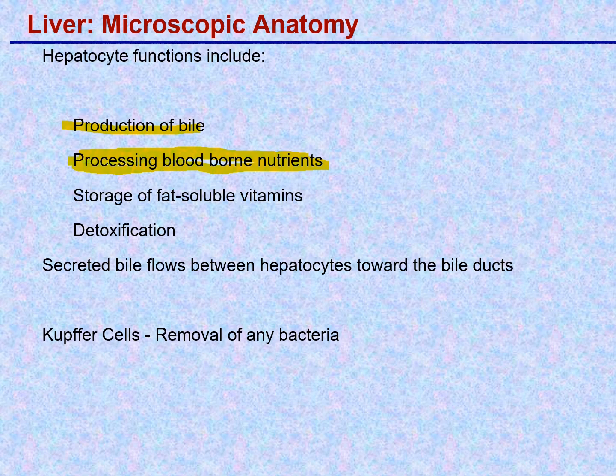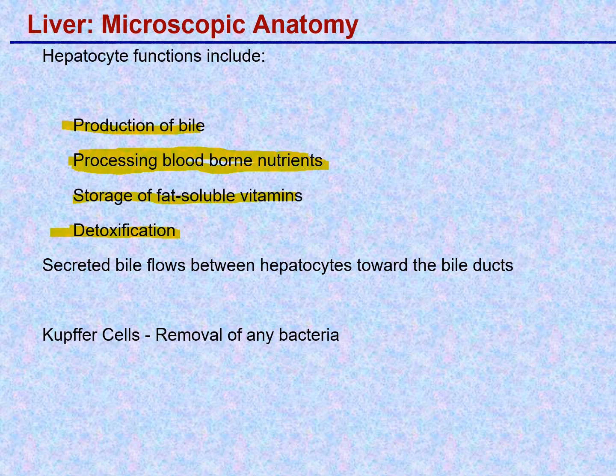The hepatocytes, the liver itself is mostly hepatocytes, and these cells act as a storage site for fat-soluble vitamins. And they also act to detoxify certain toxins that can be present in things that we eat. The bile that the hepatocytes produce flows between the hepatocytes towards the bile ducts, and I'll explain that to you, I believe, in the next slide.